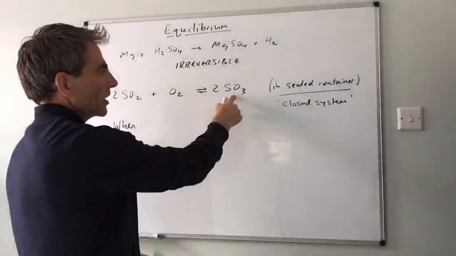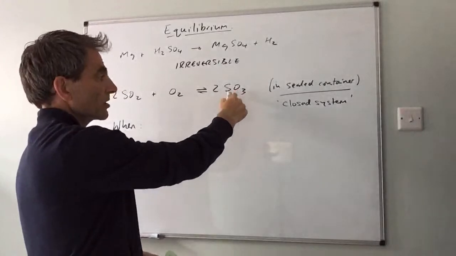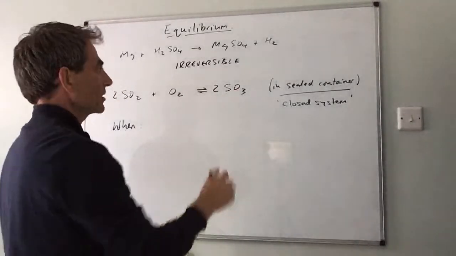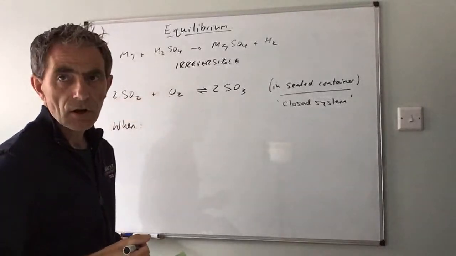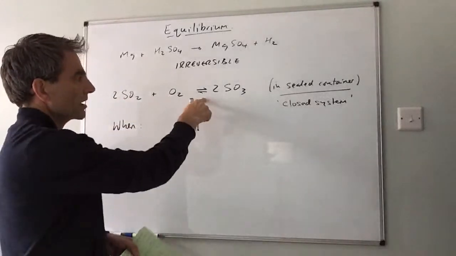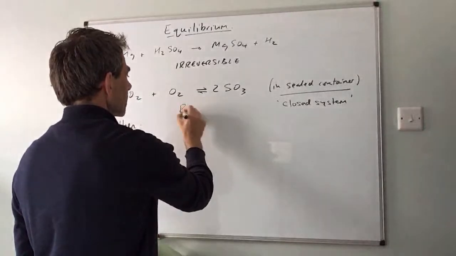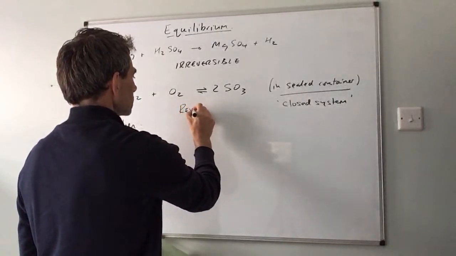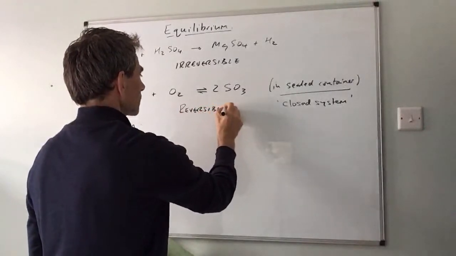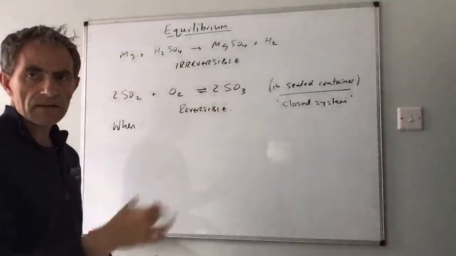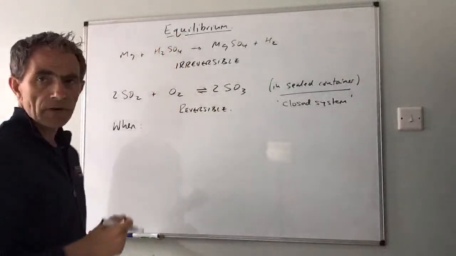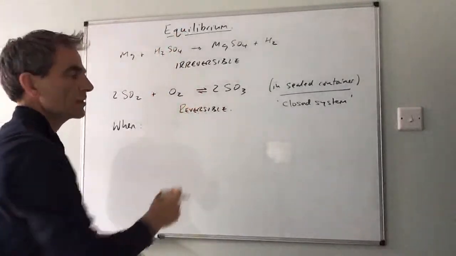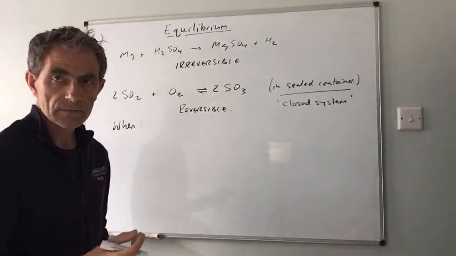However, the sulfur trioxide would also break apart and reform sulfur dioxide and oxygen. So this is an example of a reversible reaction. That's the starting point for this topic: we have reactions that are irreversible and reactions that are reversible.